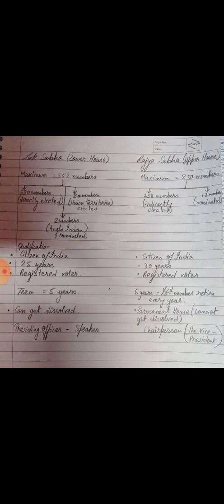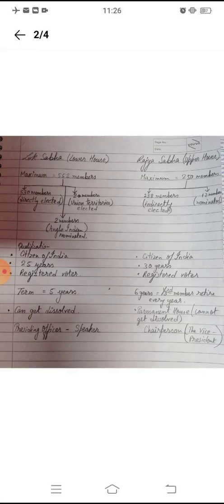You can see the qualification. In both the houses, they have to be citizens of India, they have to be registered voters. But in Lok Sabha, the age is 25 years, and in Rajya Sabha, the age is 30 years. The tenure, how long the Lok Sabha is going to be there after one election? 5 years.